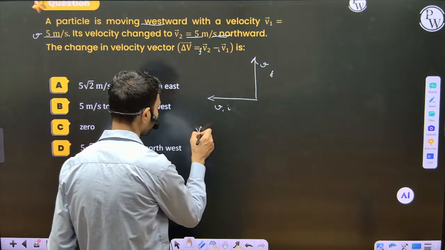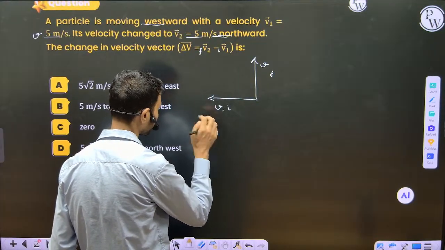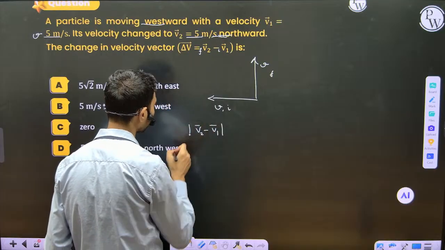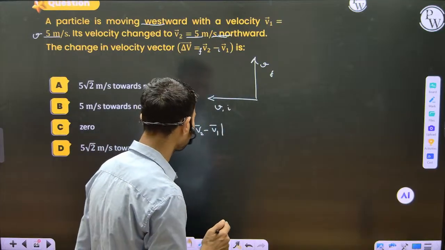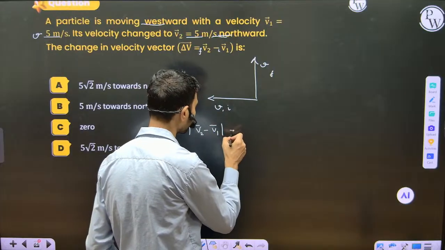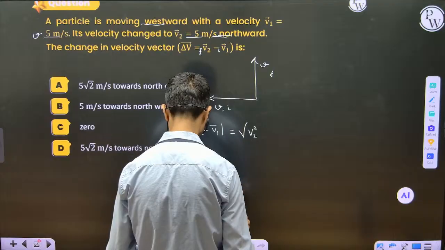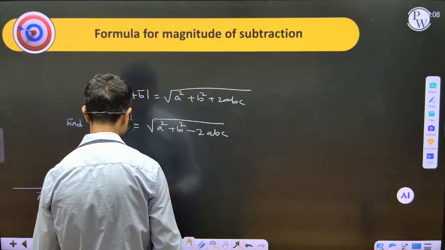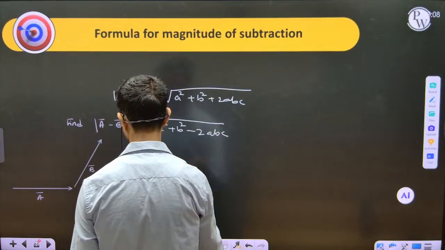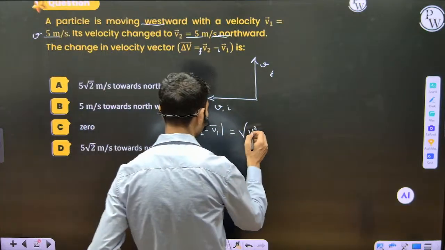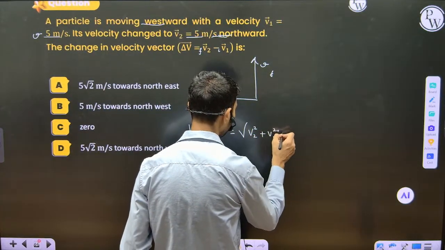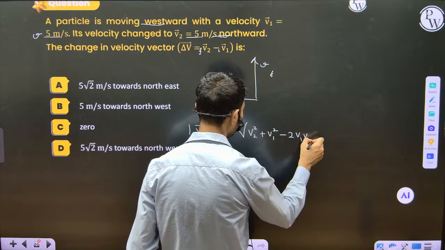You have to find the magnitude of v2 minus v1. So we know the formula is root of a square plus b square minus 2ab cos theta. The same thing we can apply here: root of v2 square plus v1 square minus 2 v1 v2 cos theta.